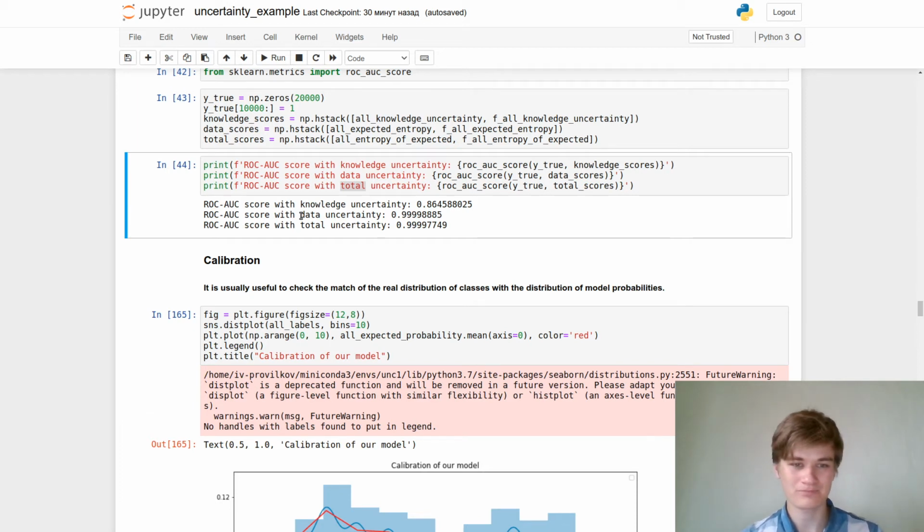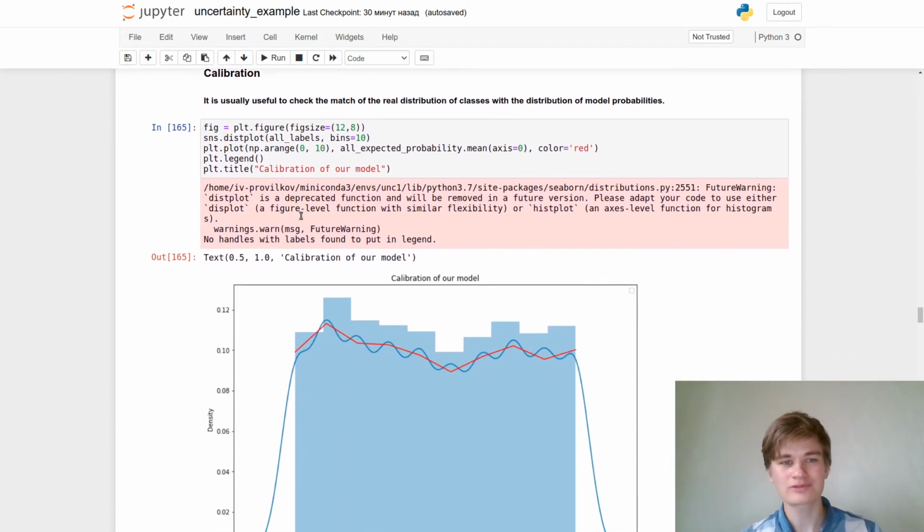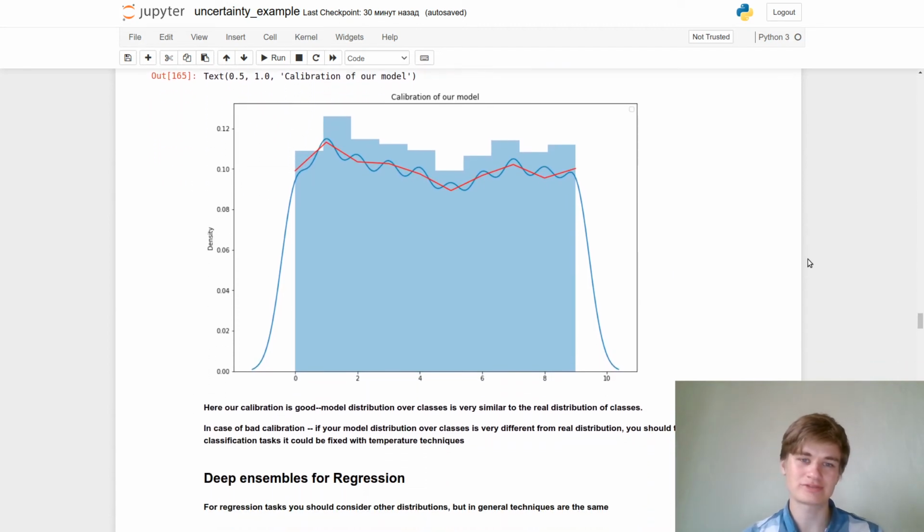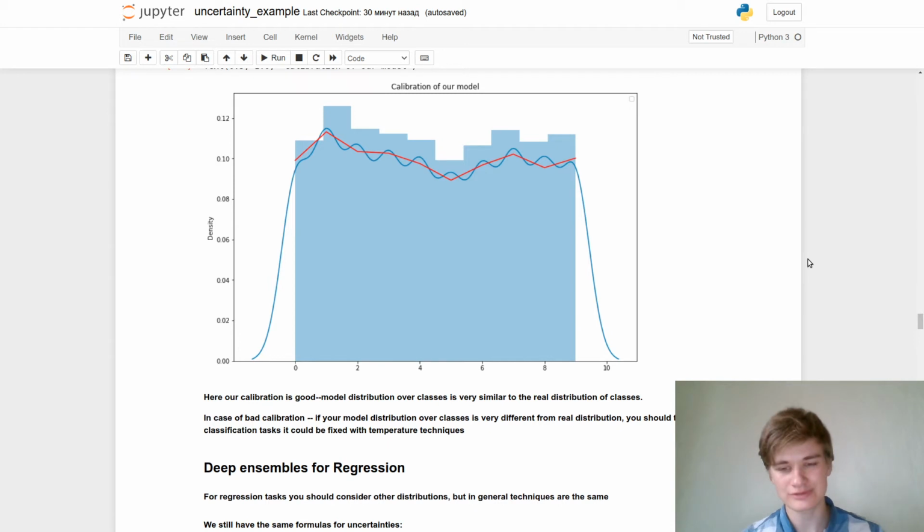Yes. I also want to mention calibration in this notebook, because it is very important to calibrate your models, especially if they are heavily probabilistic, let's say. Okay, what is calibration? We have some true distribution over classes in our dataset, or even in the real world distribution from which we obtain our dataset.